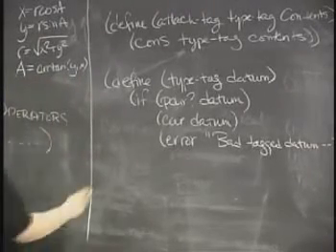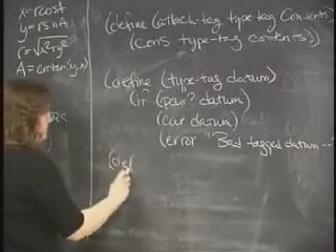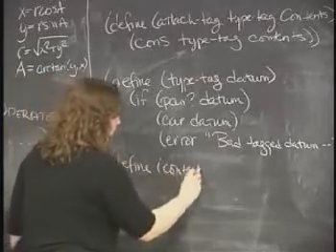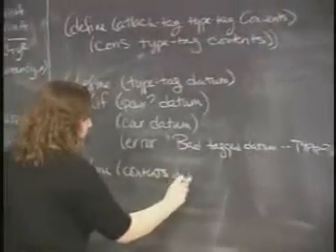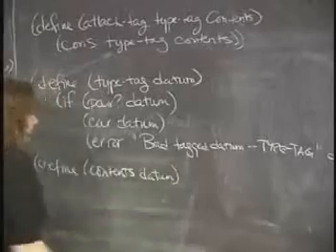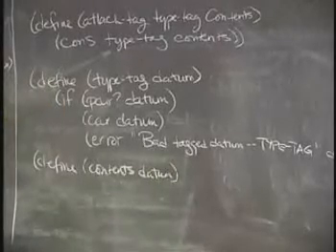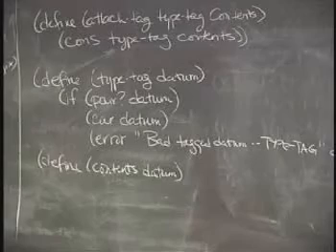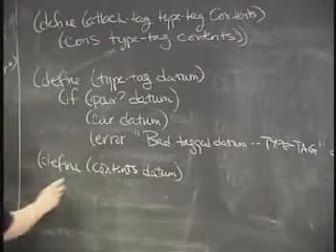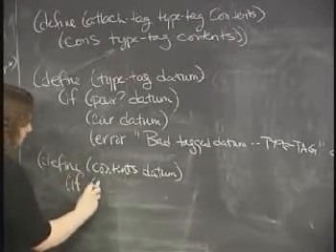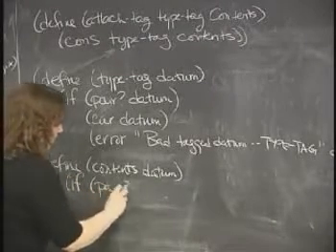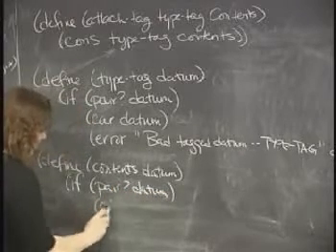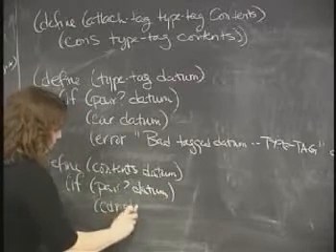Okay. Similarly, we could write contents. So what's contents going to do? Return the cdr. We'll do the same sort of error checking. If we've got a pair, return its cdr.